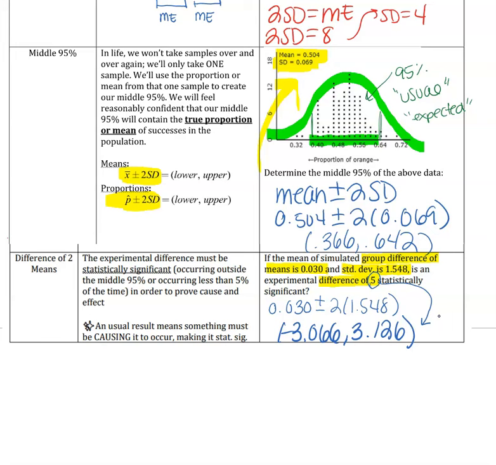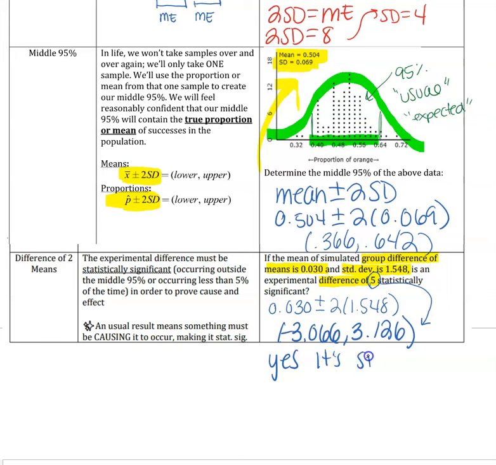So because that is outside our middle 95%, or it's occurring less than 5% of the time, that causes me to say, oh, 5 is statistically significant, so that the treatment must be causing that to happen. So answering the question, is this statistically significant?